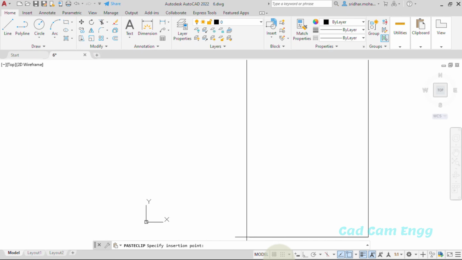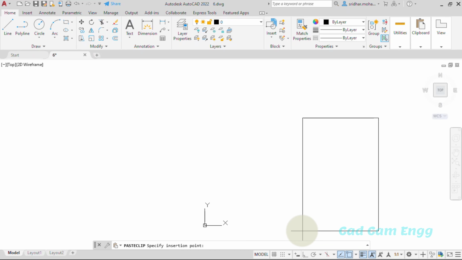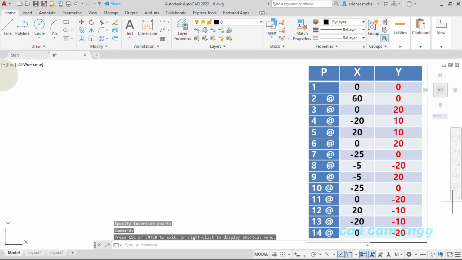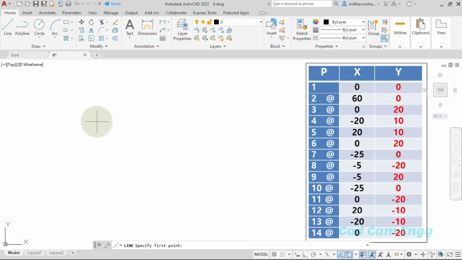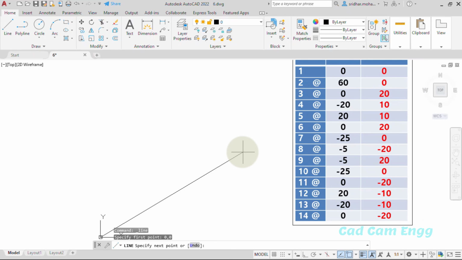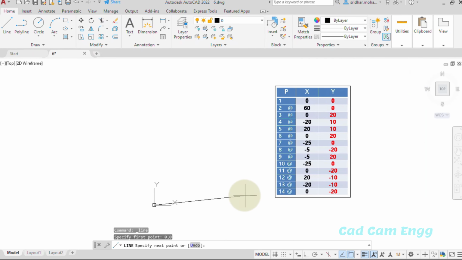Now I paste here. Now I take the line command, and the first point 0, 0. I think you can see very well.